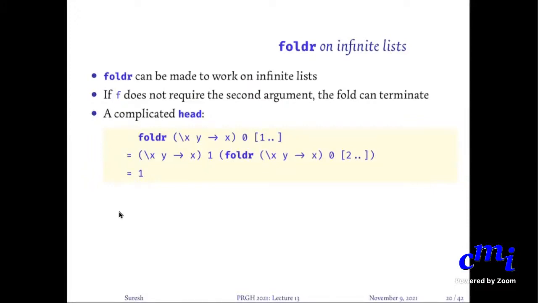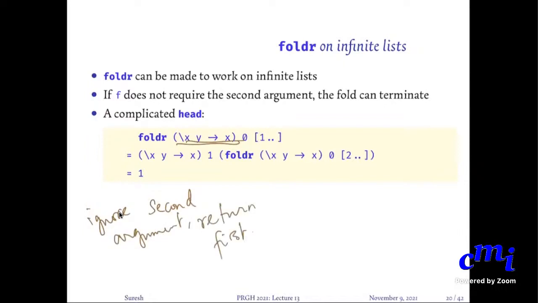I'm saying fold R of a function which takes two arguments, ignores the second argument, and returns the first argument. That is what this is doing: ignore second argument, return first.